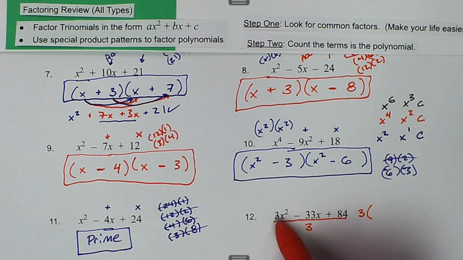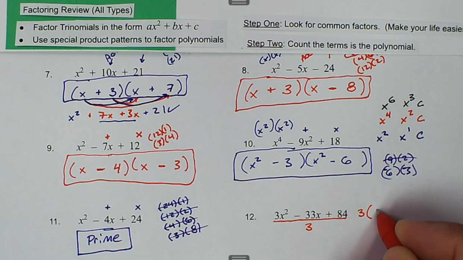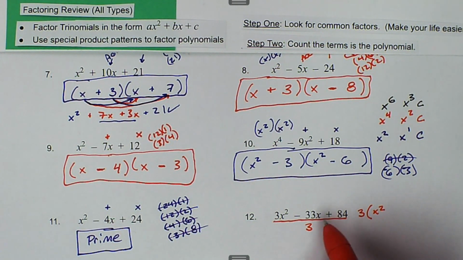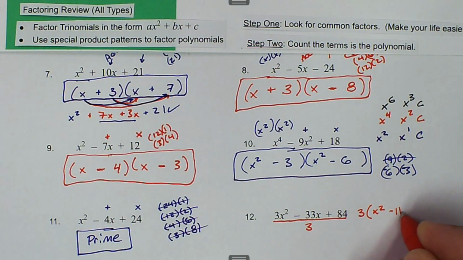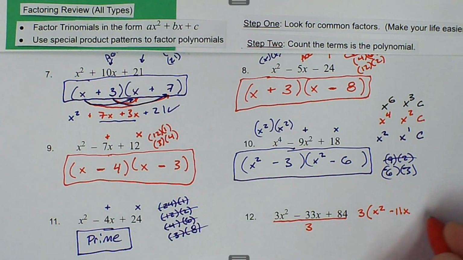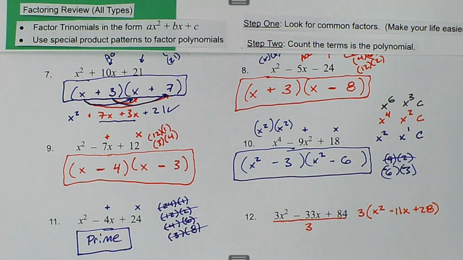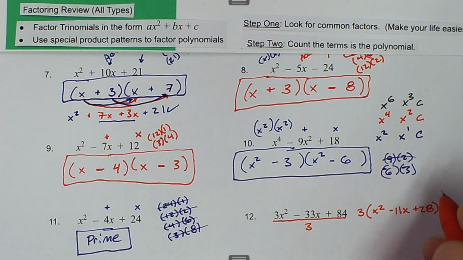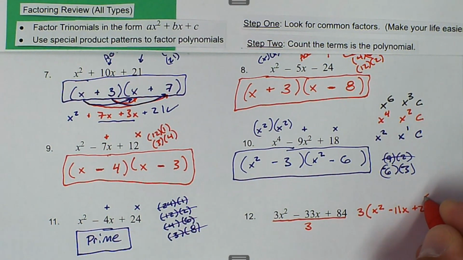3x squared divided by 3 becomes x squared. Negative 33x divided by 3 becomes negative 11x. And 84 divided by 3 becomes 28. And now we can try to factor this. And remember, we need things that are going to multiply to this last one and add to this middle one.